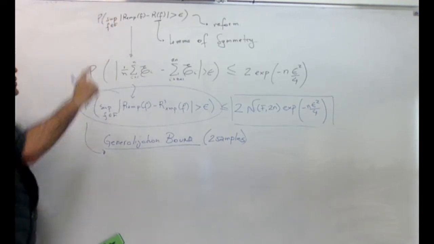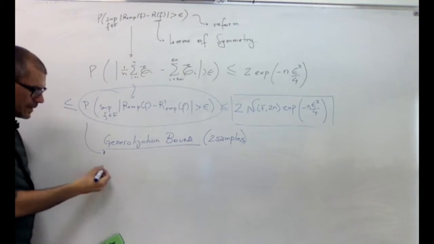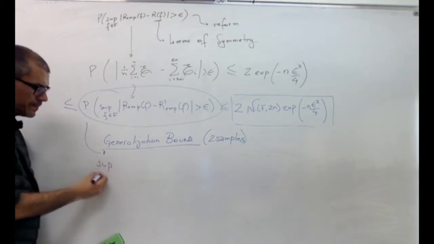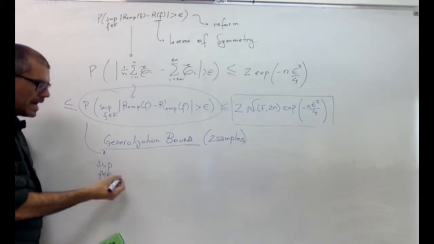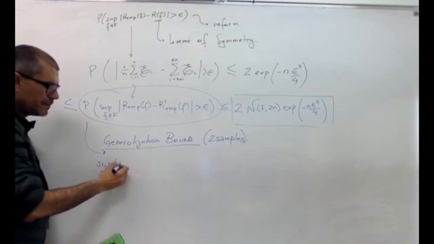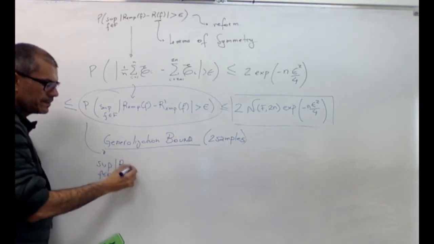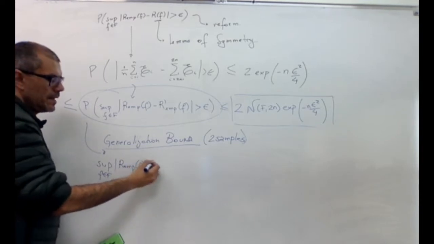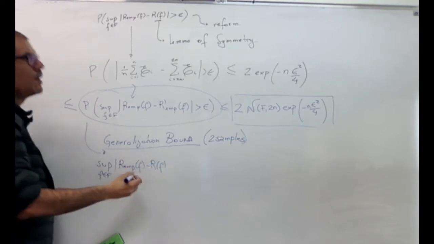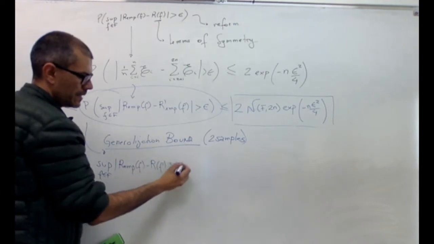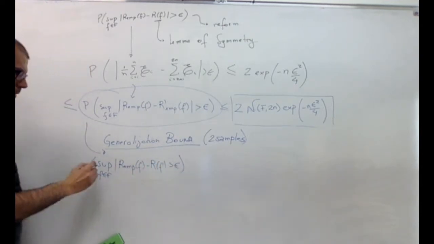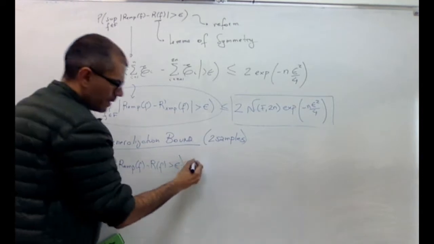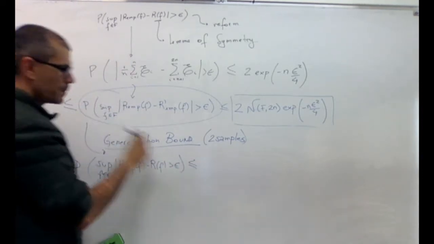So people usually show this term, like the supremum over f in F of the empirical risk of f minus the expected risk of f being greater than epsilon. That's upper bounded by this probability.